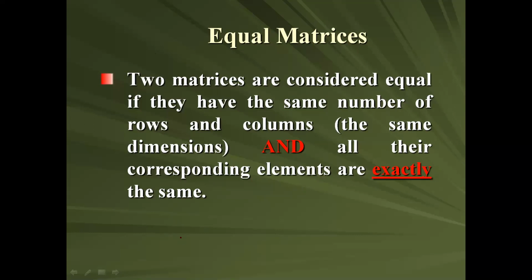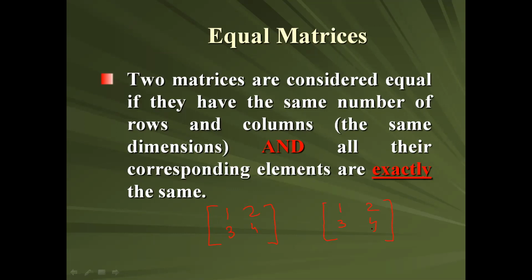For example, now I'm giving you the example. These two matrices are equal if they have an equal number of rows and an equal number of columns, and all the corresponding elements are exactly the same. These two are called equal.